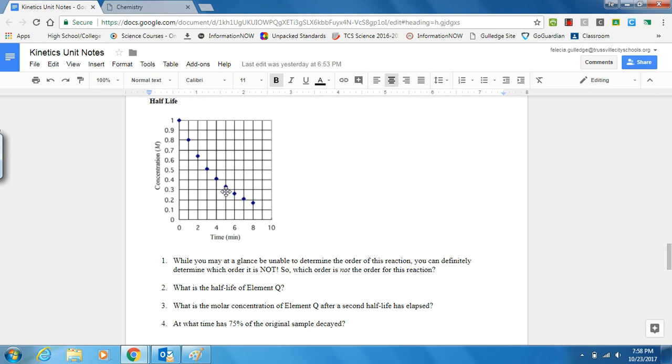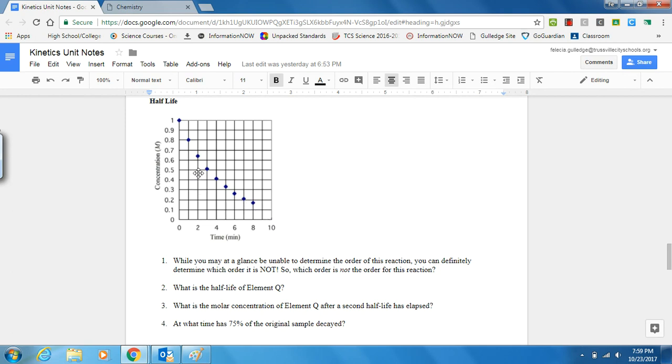So I have to figure out what 25% of 1 is. The reason I look at what's remaining rather than what disappeared is that each one of these dots represents the concentration that is remaining over that time.